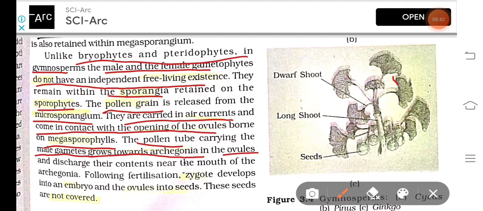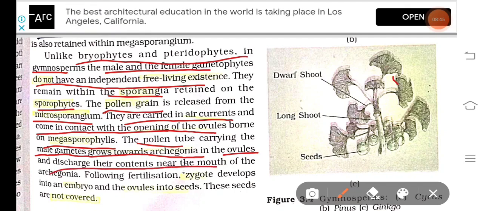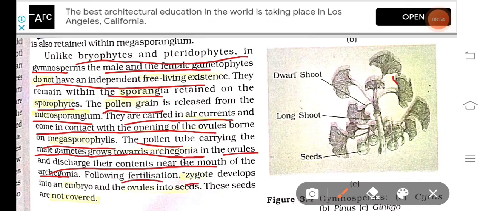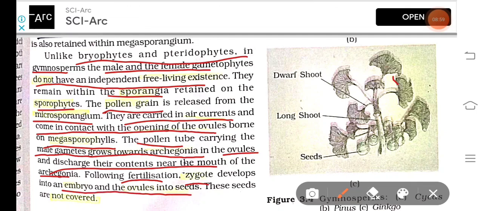And it discharges the content near the mouth of the archegonia. Means it discharges the male gamete. Then fertilization happens and the zygote develops into embryo and ovules into seeds.